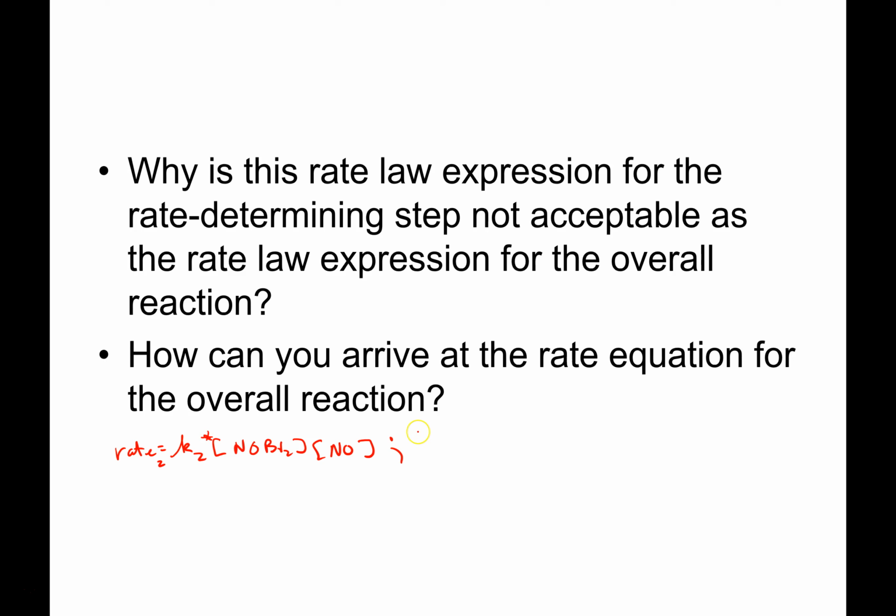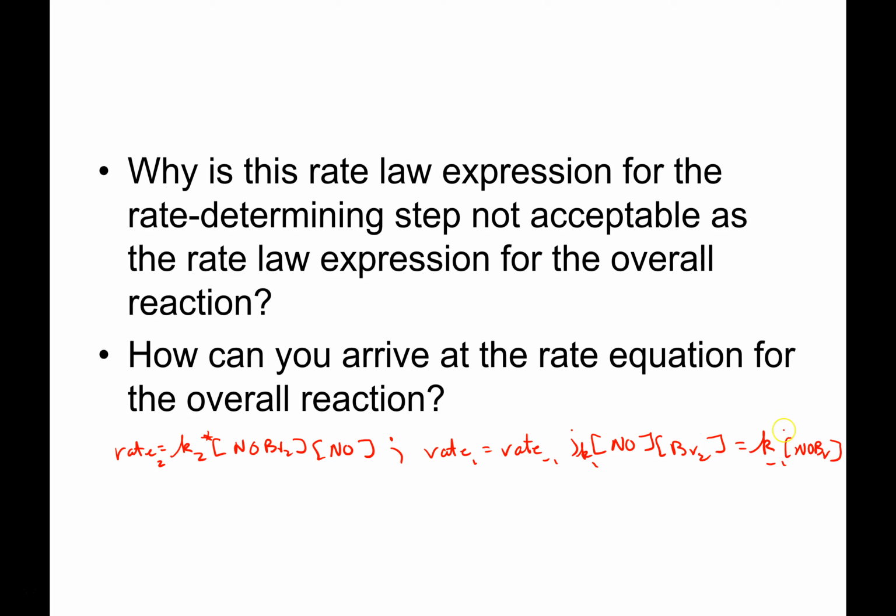In that fast step, the rate in the forward direction is equal to the rate in the reverse direction. The forward rate, reading it off that first elementary step, is K1 times NO times BR2, and the reverse direction would be K minus 1 times the reactant going backwards, NOBR.